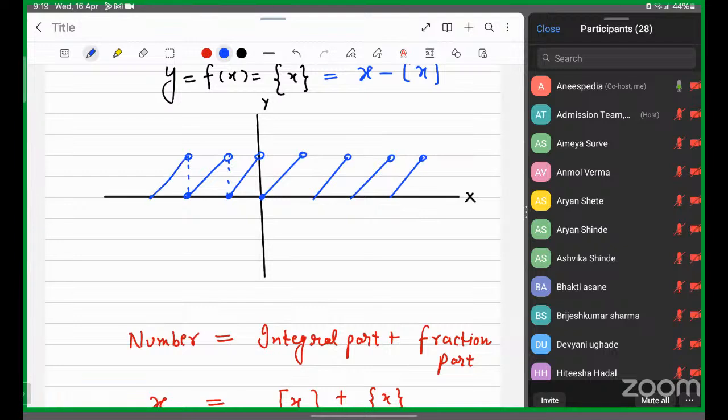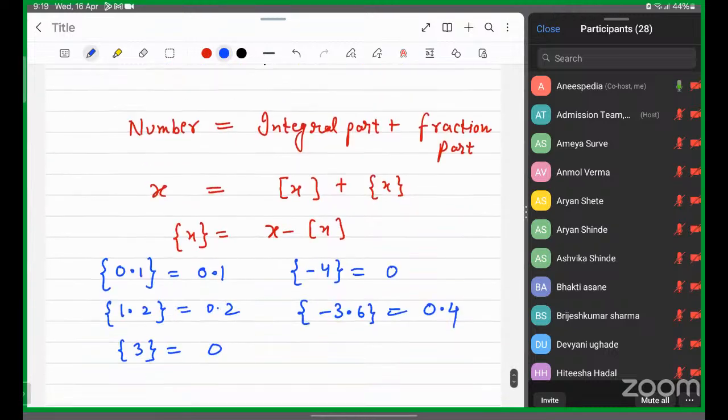This graph states that the fractional part will always be between 0 and 1.